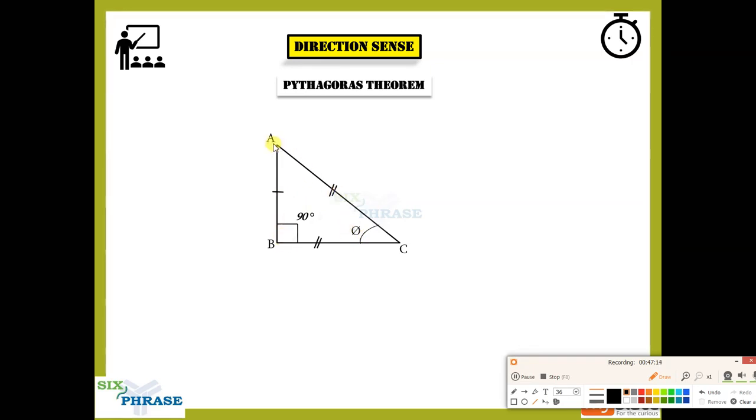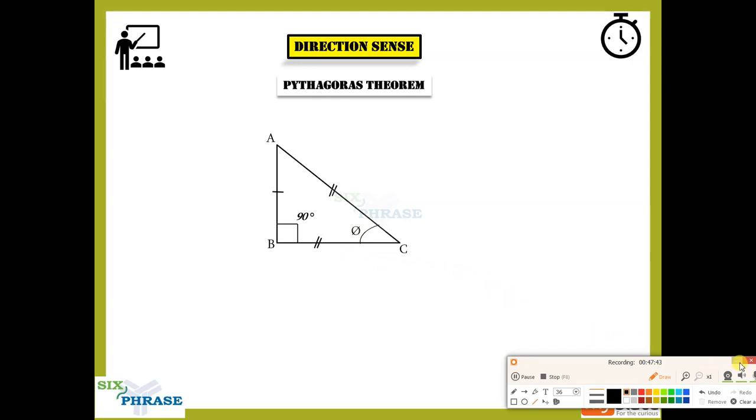We already have given AC a name, hypotenuse, because it is the side opposite to 90 degrees. So you cannot have that to be adjacent, but you can have BC to be adjacent. Both BC and AC are touching theta, but because we've given AC a special name, we consider AC to be the hypotenuse, and we consider BC to be the adjacent side.